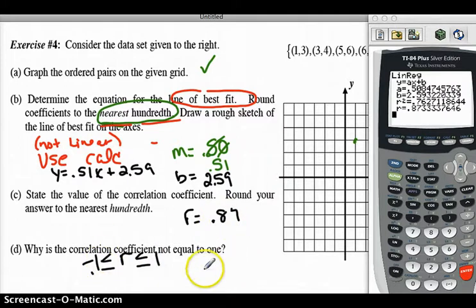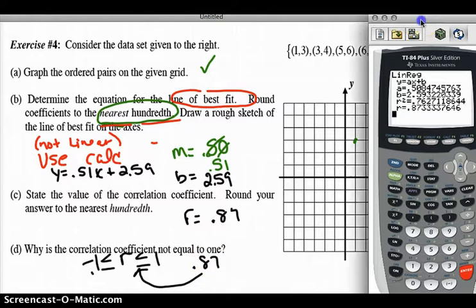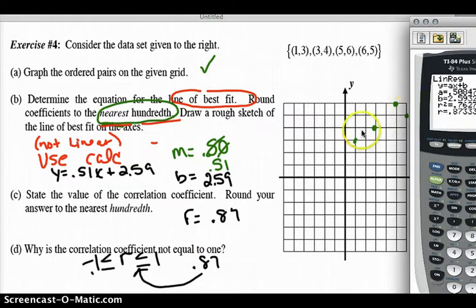So in our case, the 0.87 falls on the right side of 0, okay? So it's a positive correlation, which we can see. Positive means moving upward, and it's a 0.87, so it's not 1, it's not linear, which we can see.